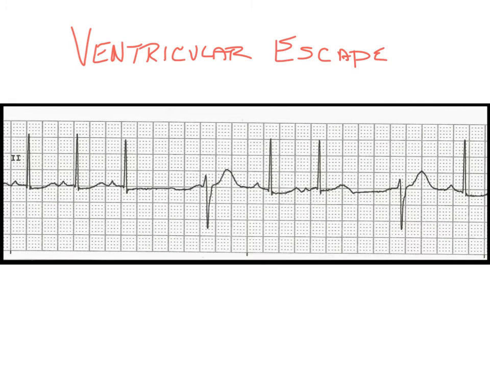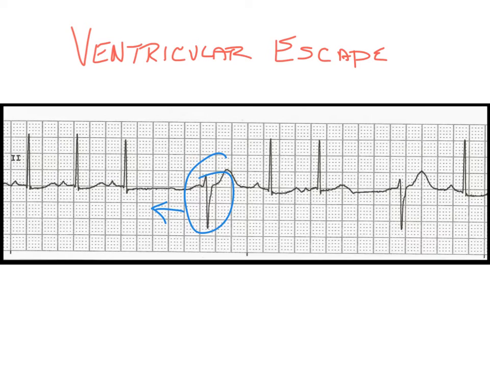Here's one we really haven't talked about. We spoke earlier about premature ventricular complexes. But if you look at this rhythm here, the beat does not come early. It does not come early. And as such, it is called a ventricular escape rhythm or beat.